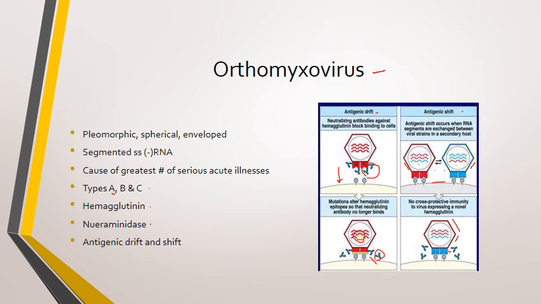Antigenic drift: remember this is an RNA virus, and we've talked about the difference between RNA and DNA before. RNA has a higher rate of mutation than DNA. It allows more errors to be introduced into its sequence without being corrected.